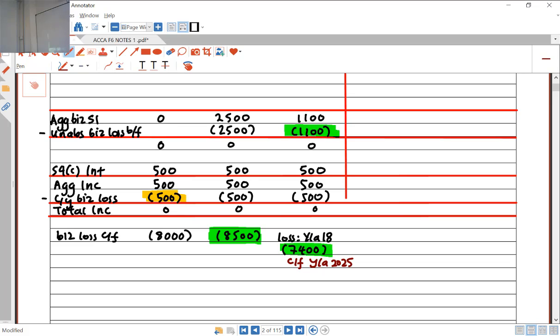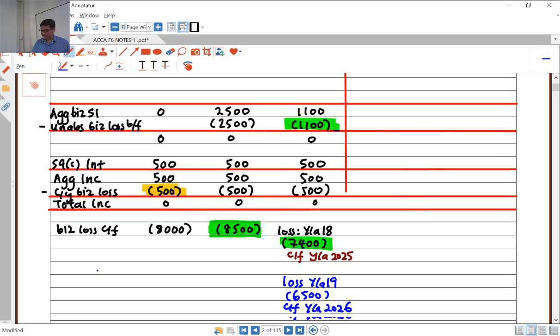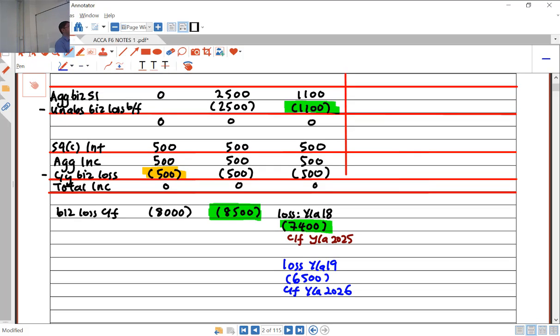Now, since you have utilized 1,001, so 7,004 is the balance. Now, then, you have another loss that is in YA19. How much is that loss? 6,005. And that one you can carry forward until YA 2026. Because this 6,005 is the new loss that was created in 2019.